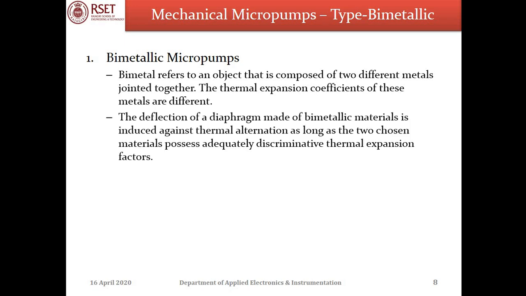The deflection of a diaphragm made of bimetallic materials is induced by a thermal alternation as long as the two chosen materials possess adequately discriminative thermal expansion factors. That is, the two metals that are joined have different thermal expansion coefficients.